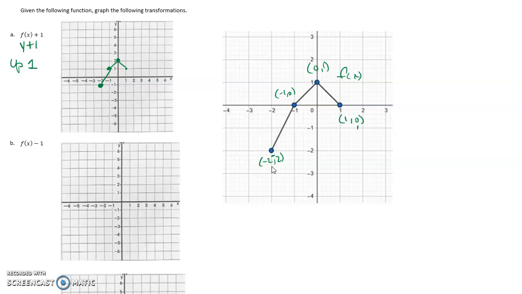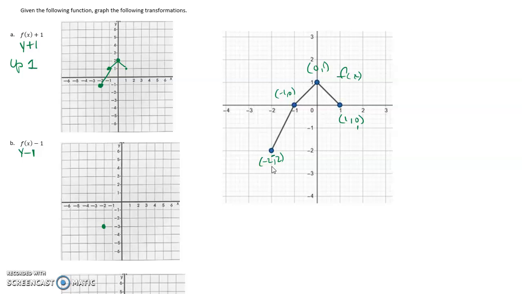So you guys are smart people. I believe you can figure this out. If I have an f of x minus 1, when I had a +1 on the outside, it shifted it up 1. When I have a minus 1 on the outside, it's going to shift it down 1. Again, we're taking our y value and we're subtracting 1 from that output. So this is going to become (-2, -3).